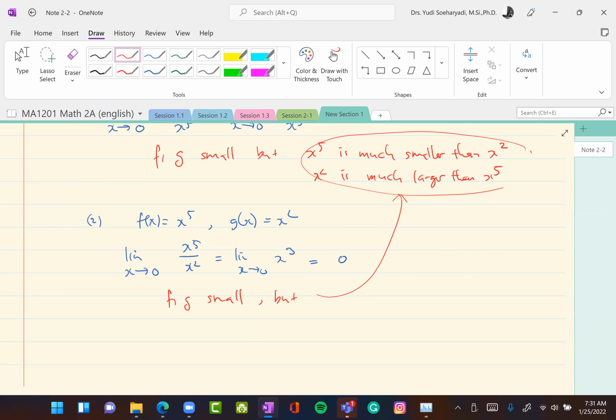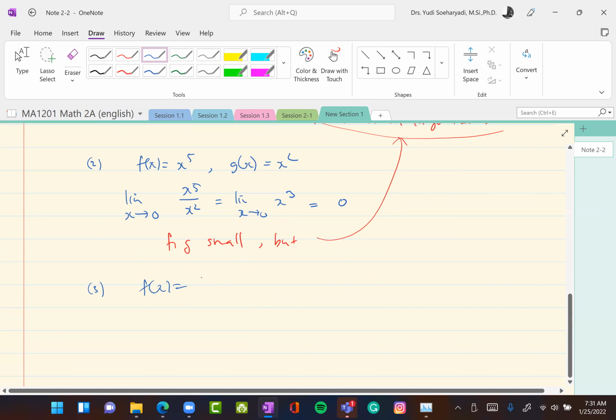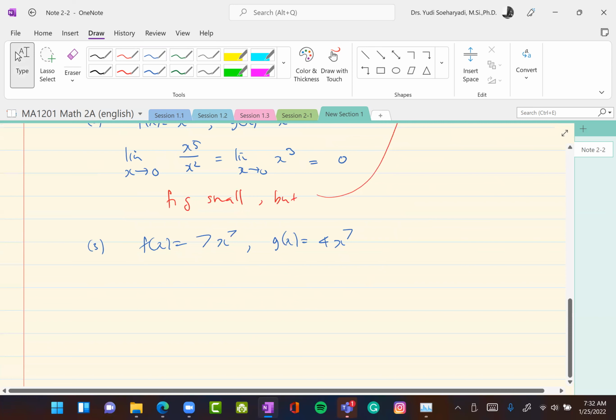And sometimes you have this thing also. Say f of x is something, g of x is say something else, and you make this comparison.